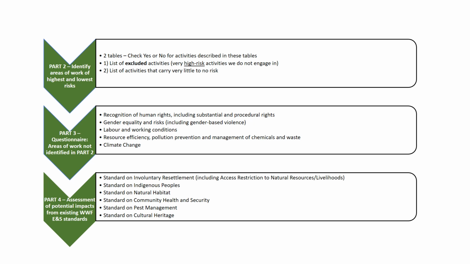Part 3 involves areas of work not identified in Part 2, and Part 4 is actually assessing the potential impacts that the activities of the landscape may have from the existing WWF environmental and social standards.